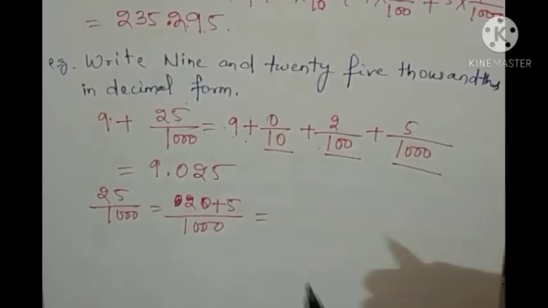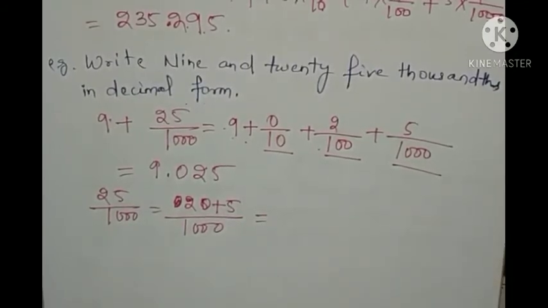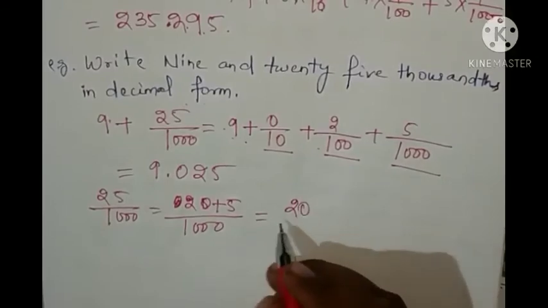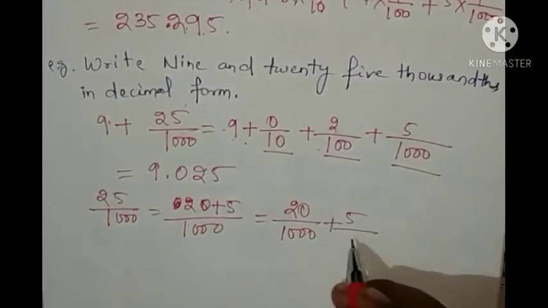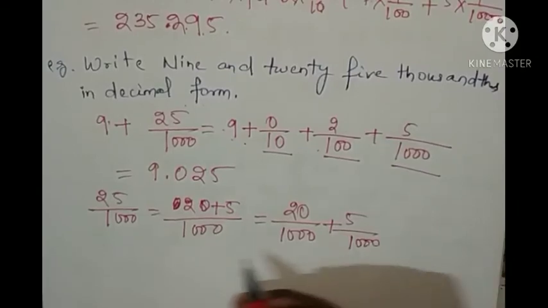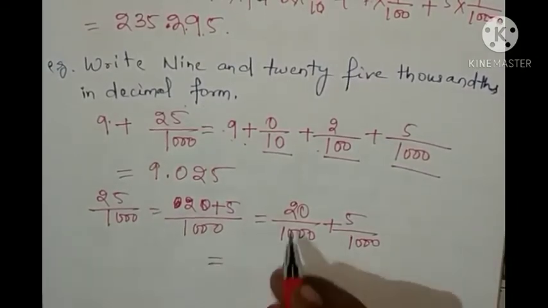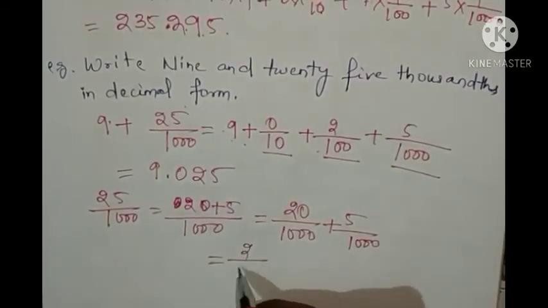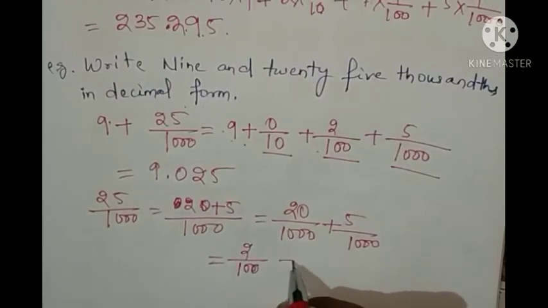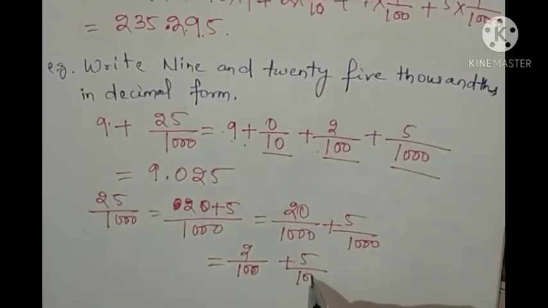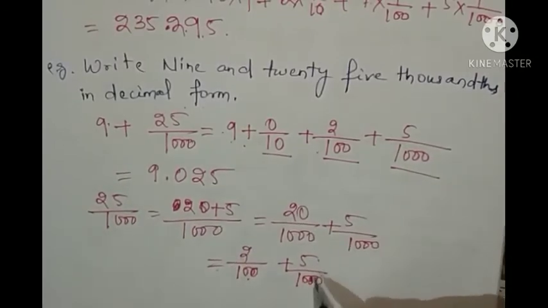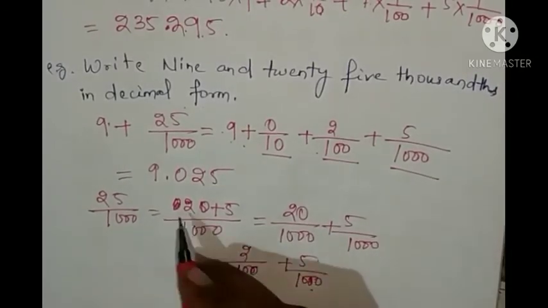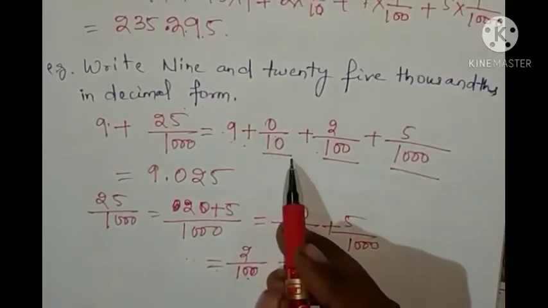So 20 plus 5 by 1000 means 20 by 1000 plus 5 by 1000. So 20 by 1000 is how much? 2 by 100 plus 5 by 1000. So look at here, this is 2 by 100, this is 5 by 1000, but nothing is there for the 10th place.